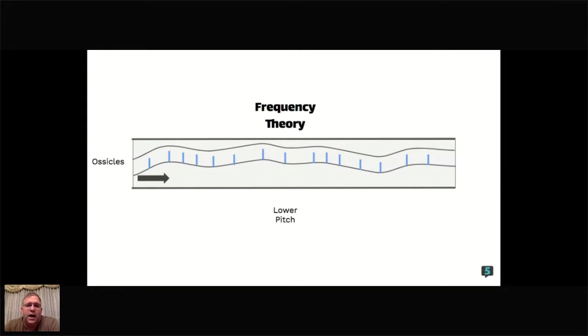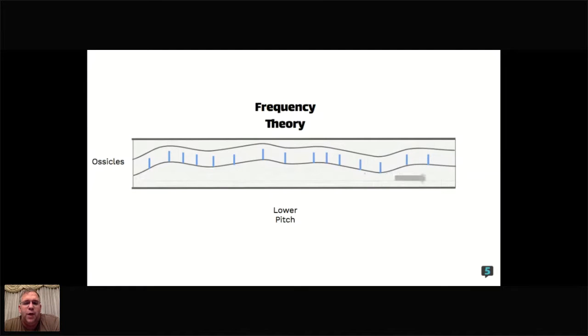But basically, frequency theory suggested that the rate at which the hairs moved corresponds to the frequency. So here I have this arrow moving the little hairs at a certain rate.